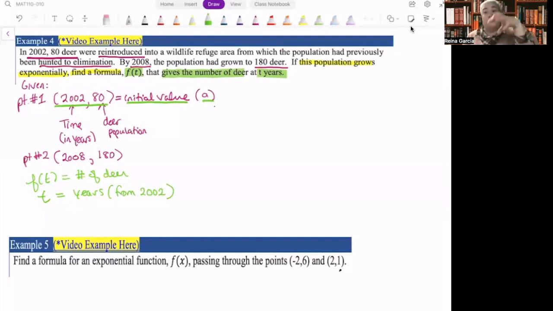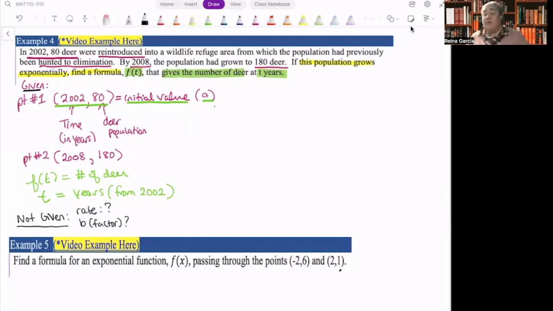So this is where we're starting to count our population. So we now know that this is A, but what we were not given is a rate, and we don't have b, which is our factor.